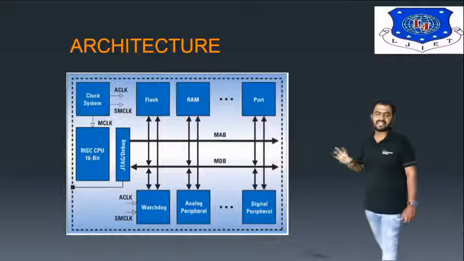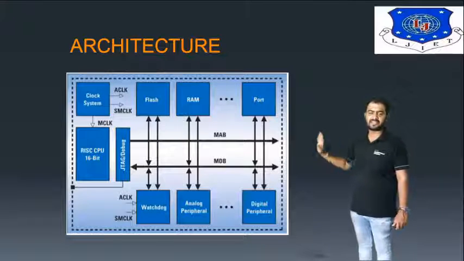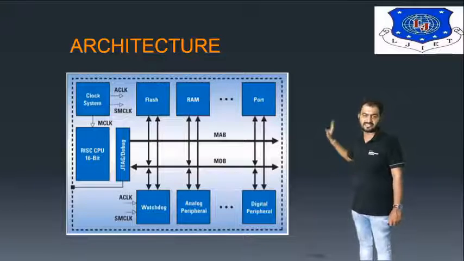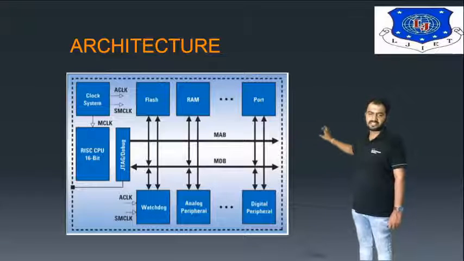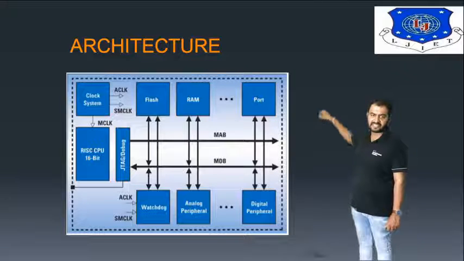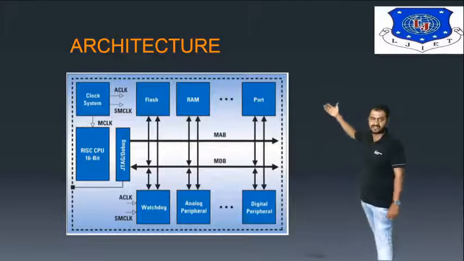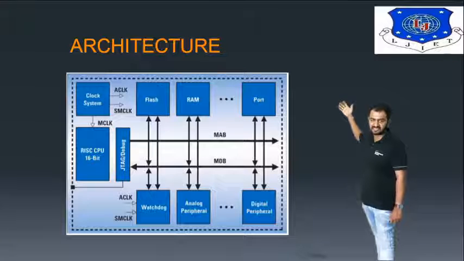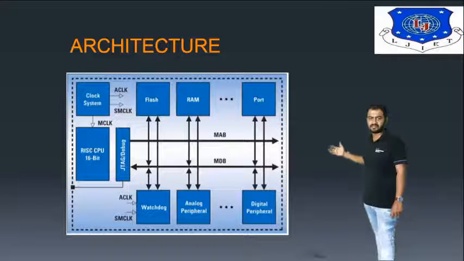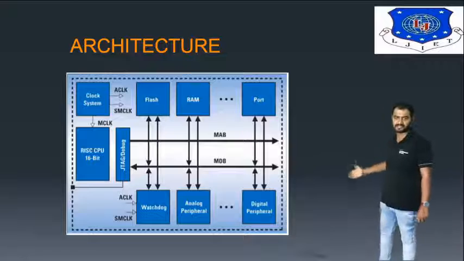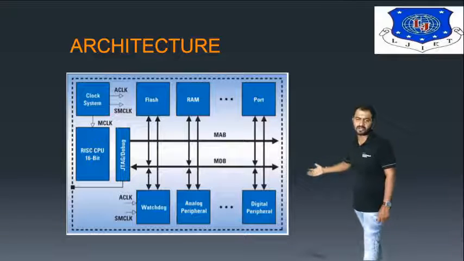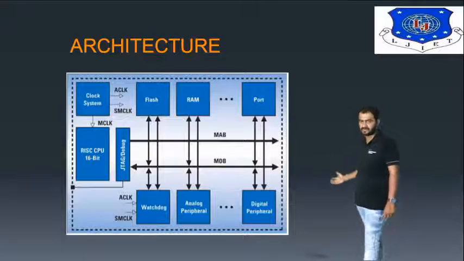Now we're talking about the architecture of the system. Here you can see that the architecture is very familiar. It's a 16-bit reduced instruction set computer mechanism. It has JTAG debugging that will be connected with the RAM and the other peripherals. As you can see, here we have flash, RAM and the ports for interfacing devices. Here you can see the bus for communication. Here you can see the watchdog timer, analog peripherals and digital peripherals.